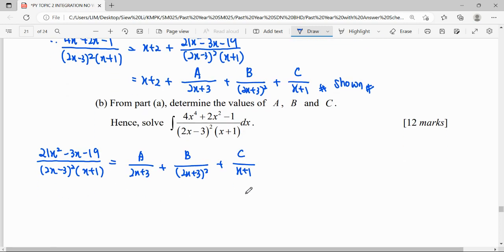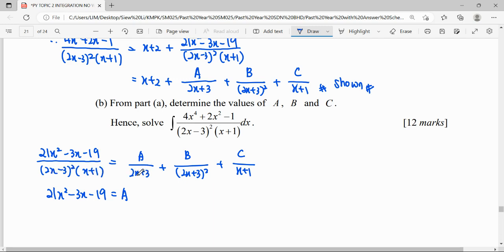Then we form an equation where we can equate the denominator. For the numerator, we will look at our constant here. We'll multiply by the factor that you don't have. You can see the complete denominator has two factors, 2x plus 3 and x plus 1.